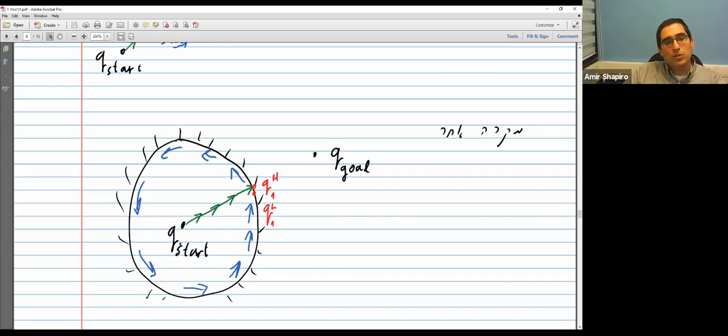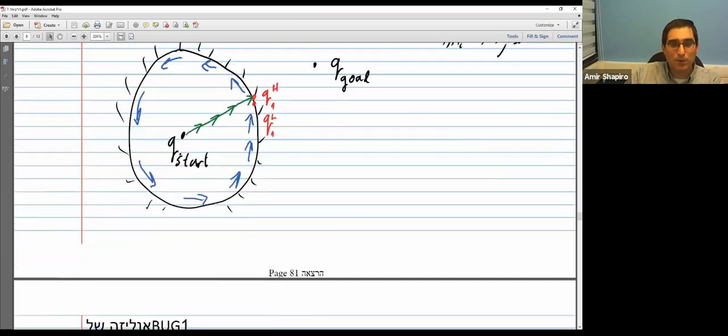It will go from Q start to Q goal along the line that connects them, then go around the obstacle, find a Q leave, but it cannot leave along the line between Q leave and Q goal, and therefore there is no solution.